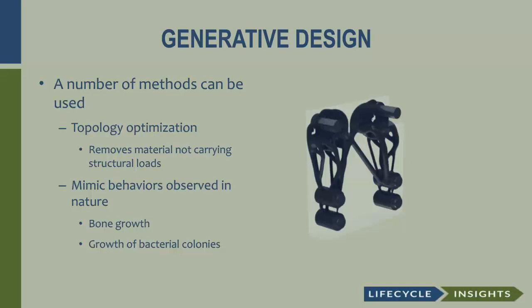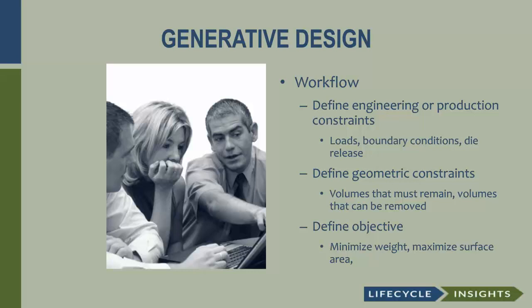So let's talk about how it works. Generative design, what's the workflow look like? Well, if you ever did the kind of parameterized optimizations from simulation, this is going to look pretty similar, at least from a workflow perspective. So first thing you need to do is basically set up your analysis. Set up your load cases. What physics is this component or design going to experience in its operating environment?